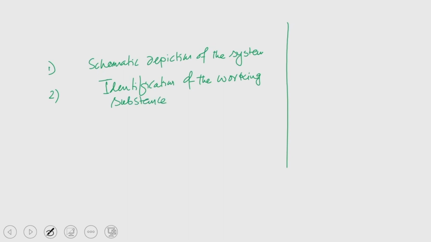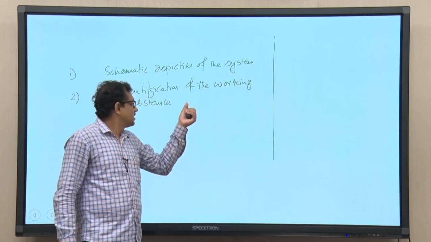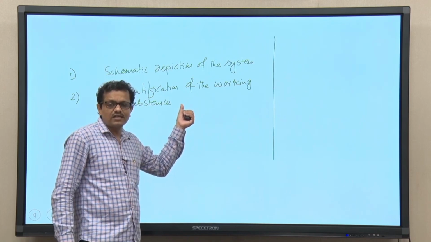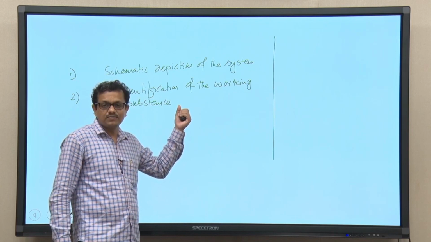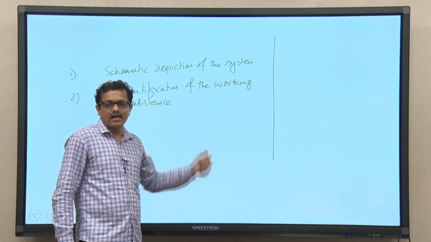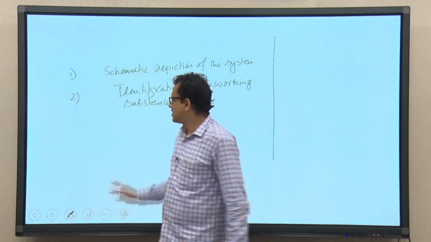That is, whether it is a pure substance like water, or a gas, or air. Why? Because if it is a pure substance like water, then we can make use of the property tables to calculate properties. If it is an ideal gas, then we can use the ideal gas relationship to calculate properties.